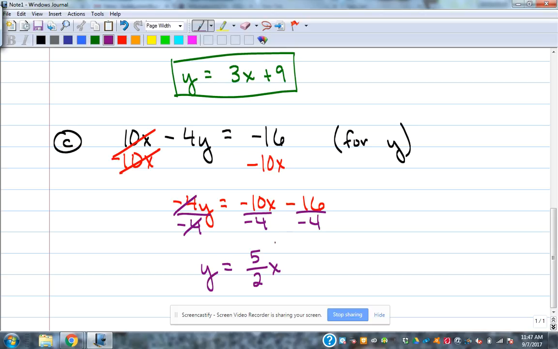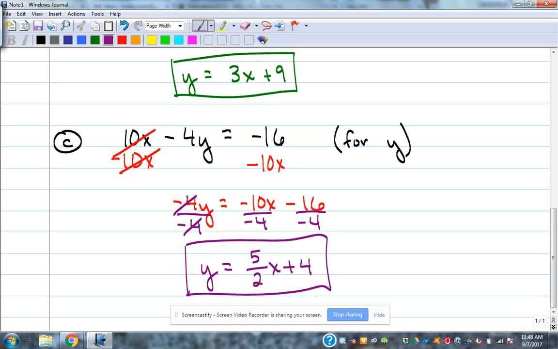And that's going to be a plus 4 or a minus 4? Plus 4. Why is it plus 4? Double negative. There's negative 16, negative 4. That's what causes that to be a plus 4. And there's our y by itself. Okay, so not terribly difficult so far. Let's go to the next one.